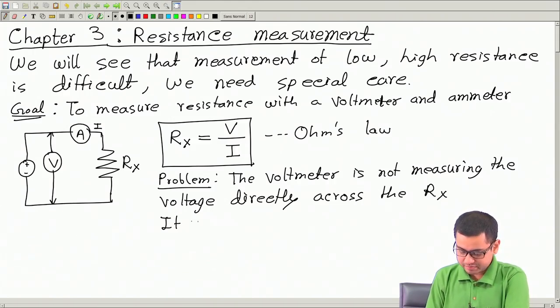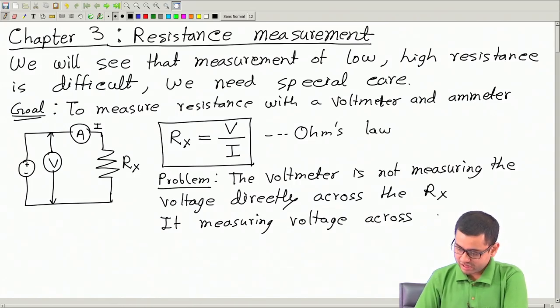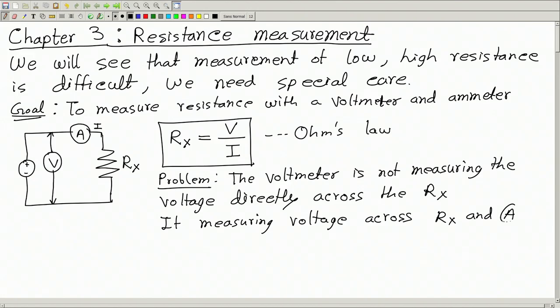It is measuring the voltage across Rx and ammeter in series.